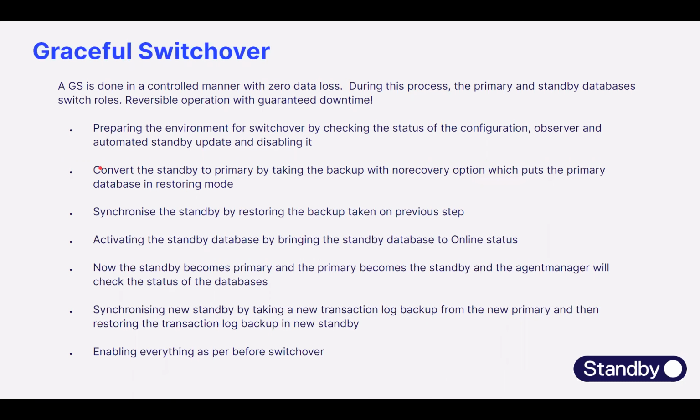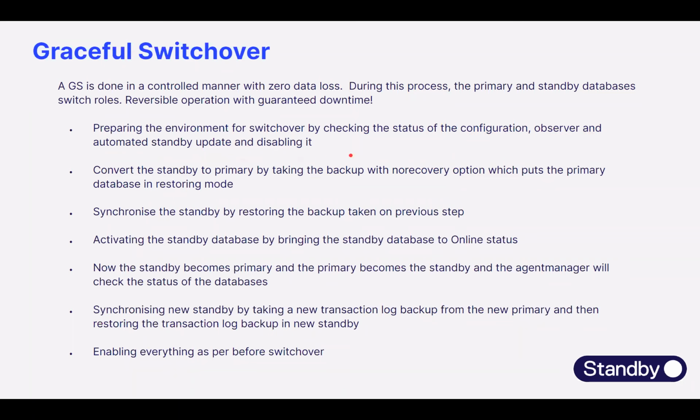Essentially, it's about converting standby to primary, then primary to standby, and the process is fully automated. So even if you have log shipping enabled and you press graceful switchover, we automatically will disable the observer. We will also disable the log shipping, and only then we will proceed with the switchover.